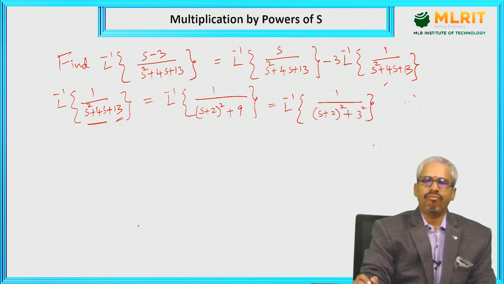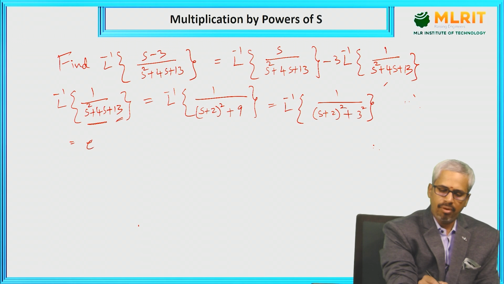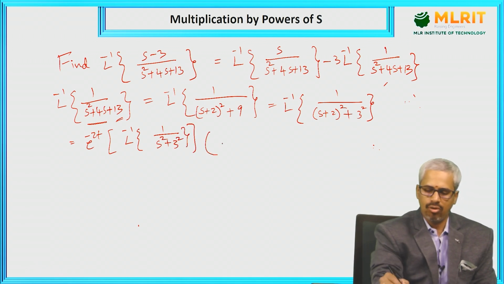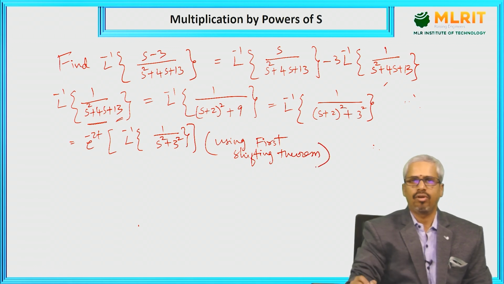Now, using first shifting theorem, how can we write this? E power minus 2t into L inverse of 1 upon s square plus 3 square. How we have written this? Using first shifting theorem. Right.